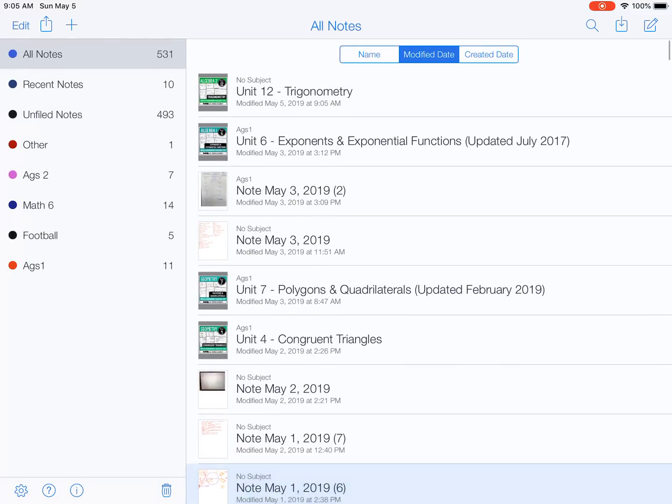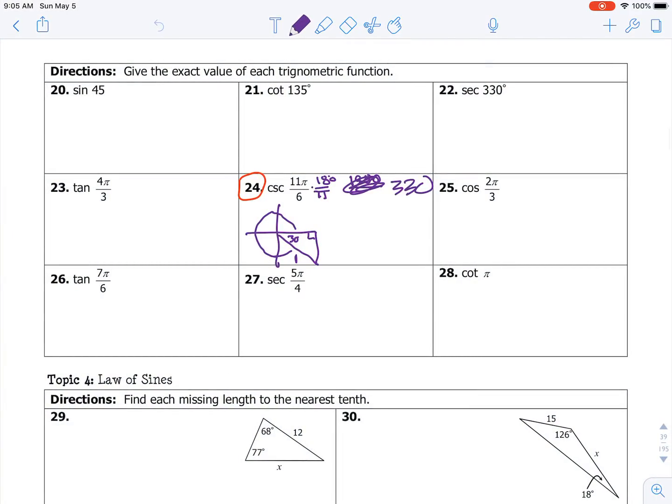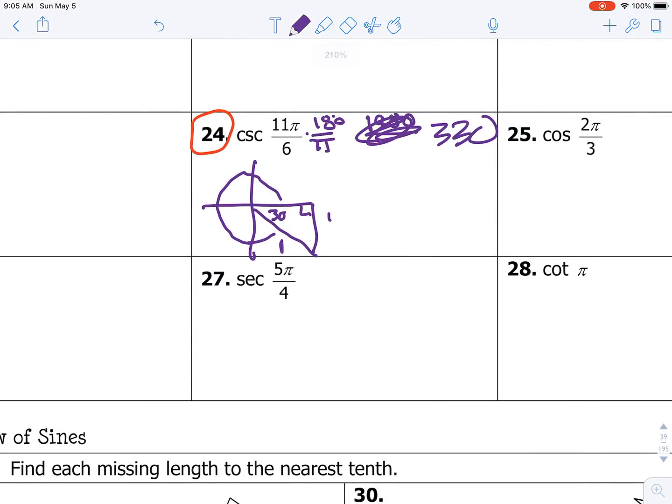Okay, so let's go back here, and because of that, opposite the 30. And then we have these three. And we're doing cosecant. So remember, we have SOHCAHTOA, and then we have SHO, CHA, TAU. So this one would be show. So what's show? Well, remember this is negative 1/2 too, right?